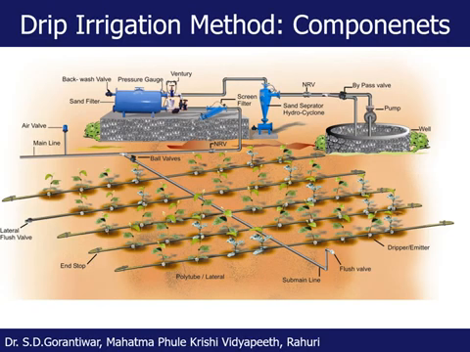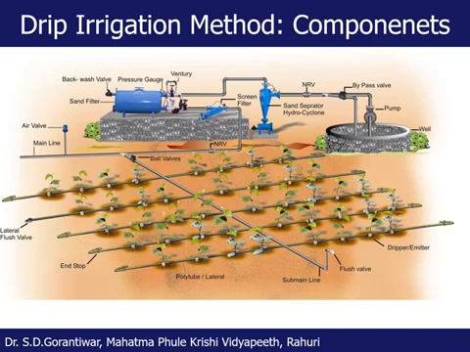Then from the main pipeline, this water goes to the device which is called a sand separator or hydrocyclone filter. So water is lifted from the water source by the pump, the excess water is diverted back into the water source, and the desired amount of water is passed through the filter, which is called the sand separator or hydrocyclone filter.